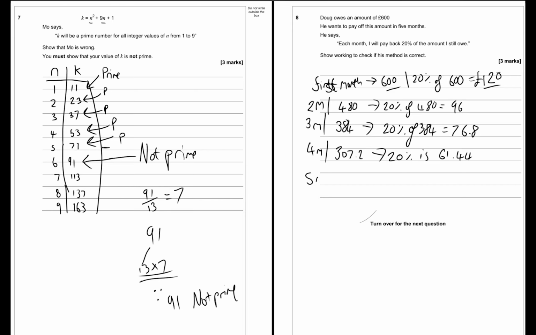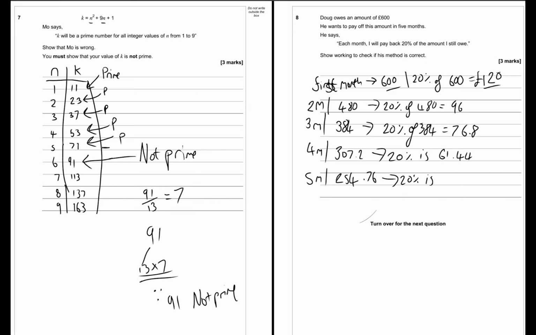So for the final one, the 5th month, we're going to do 307.2 minus 61.44, and that gives you 254.76. Okay, so last one, 20% of this is what?